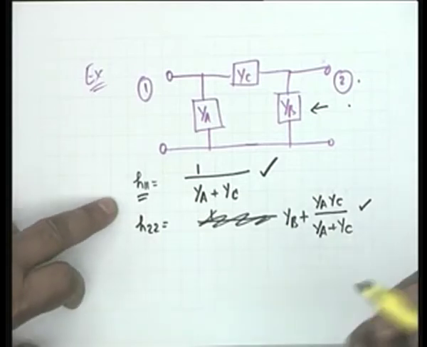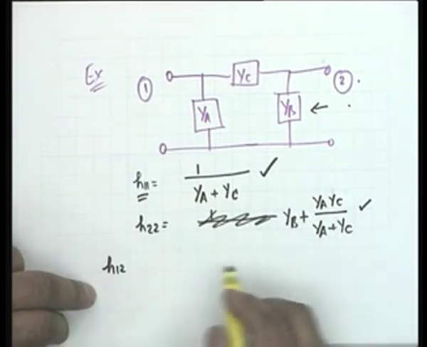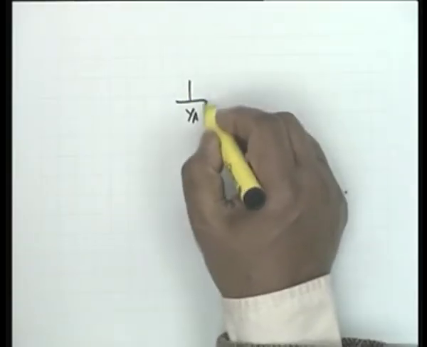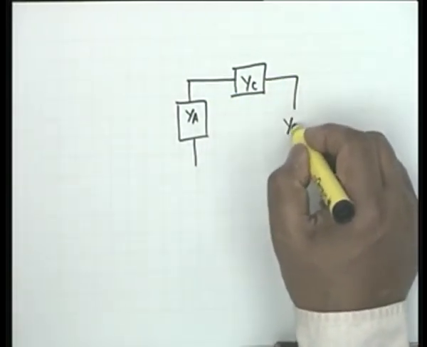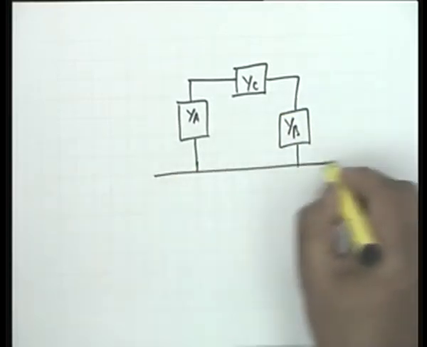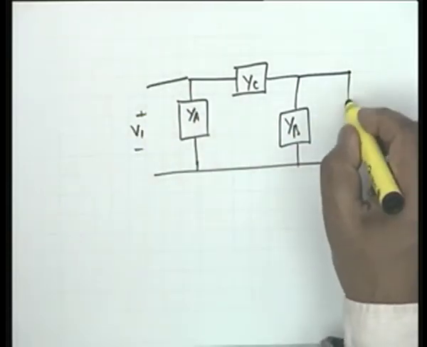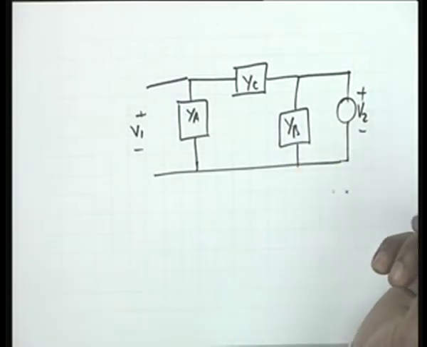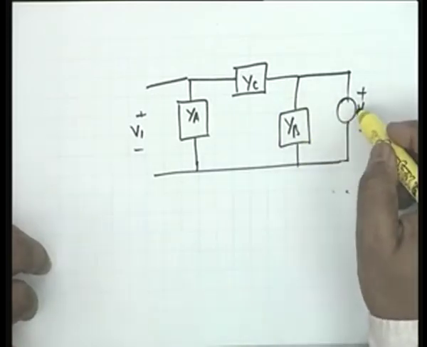Let us find out the other two parameters, that is H12 and H21. For finding H12, let me draw the network first: YA, YC and YB. H12 by definition is V1 by V2 with I1 equal to 0. It is the open circuit reverse voltage transfer function. Now this comes in parallel with V2, so it has no effect.